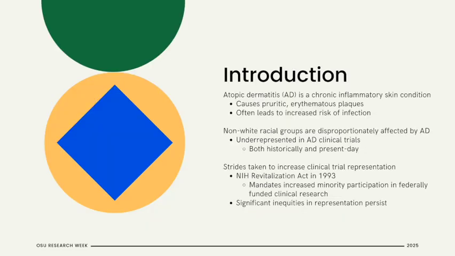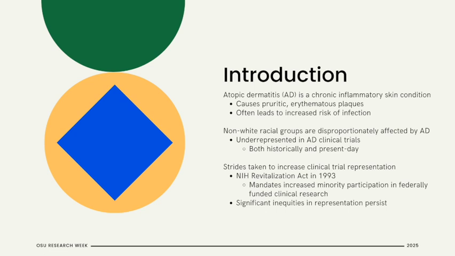Just as a little bit of background, atopic dermatitis is a chronic inflammatory skin condition that has pruritic erythematous plaques that can lead to an increased risk of cutaneous infection. Interestingly, non-white racial groups are disproportionately affected by atopic dermatitis, but they are underrepresented in clinical trials.